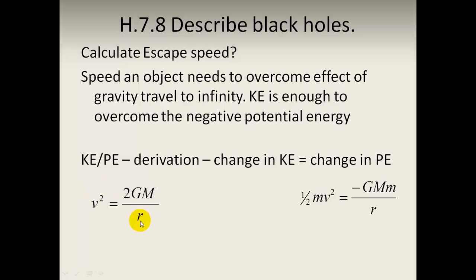So we focus on what r is, and rearrange. r is the radius of the black hole. It's not the radius of the material that's in the black hole, it's what we see as the event horizon. It's the point beyond which we're not able to see the light from inside because it's not able to escape.